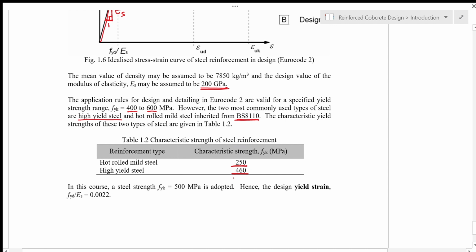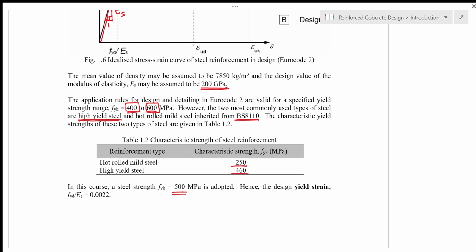If we use Eurocode, we only have 400 to 600 megapascal, which is high yield steel. So normally we will be using the average value of 500 megapascal. In design normally we use 500 megapascal, so in this course I will be using 500 megapascal for the yield strength of steel.